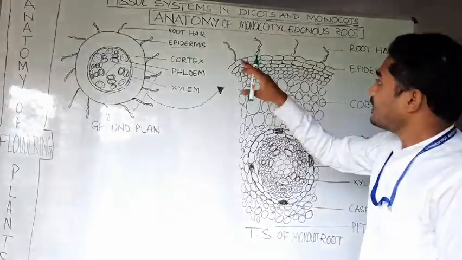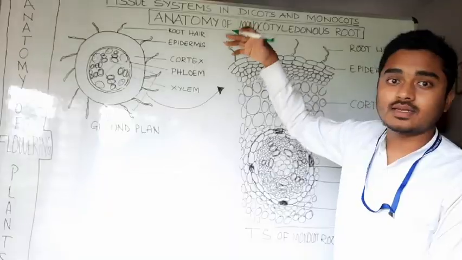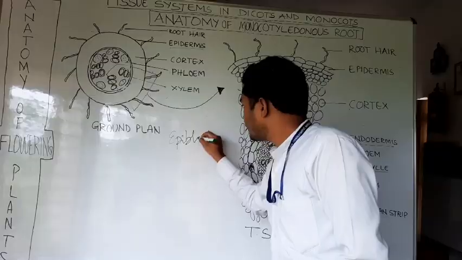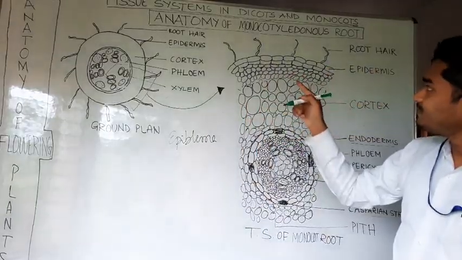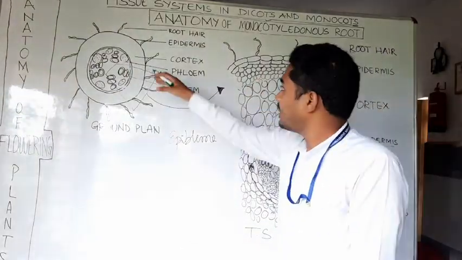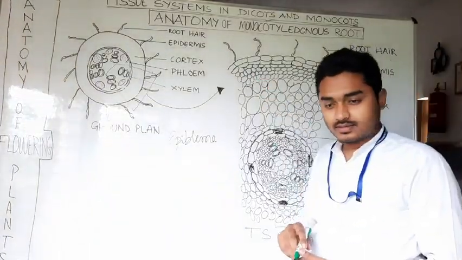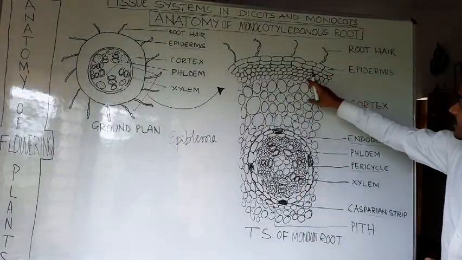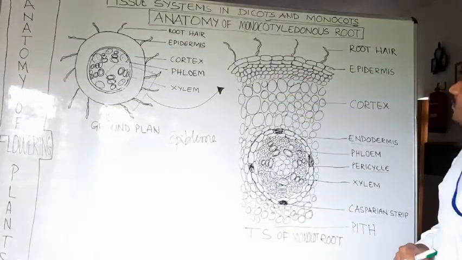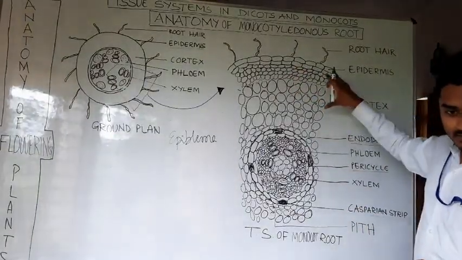So, the outermost layer is the epidermis, also known as, just recall from the last class, epiblema. Beyond that epidermis, we will have the cortex. But here is the key point: in the dicot cortex we observed it is not compactly arranged, but here in a monocotyledonous root the cortex is loosely arranged.